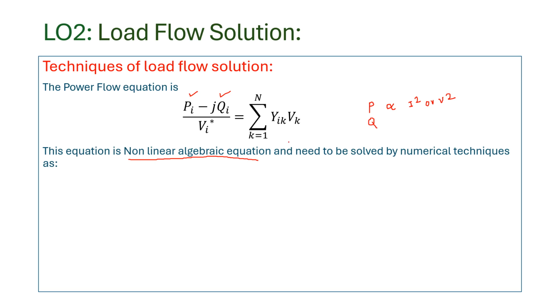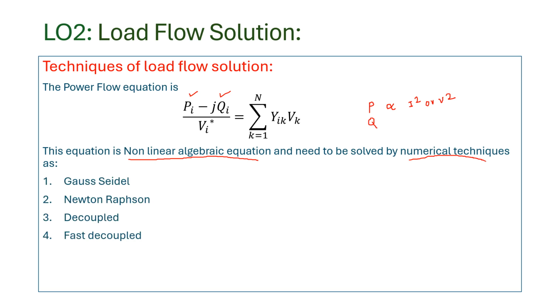And as we know that there is no direct method of obtaining solution to nonlinear equations, we have to rely on numerical techniques. So there are many numerical techniques available in the literature, but for this load flow equation, power flow equation, we will use these numerical techniques.